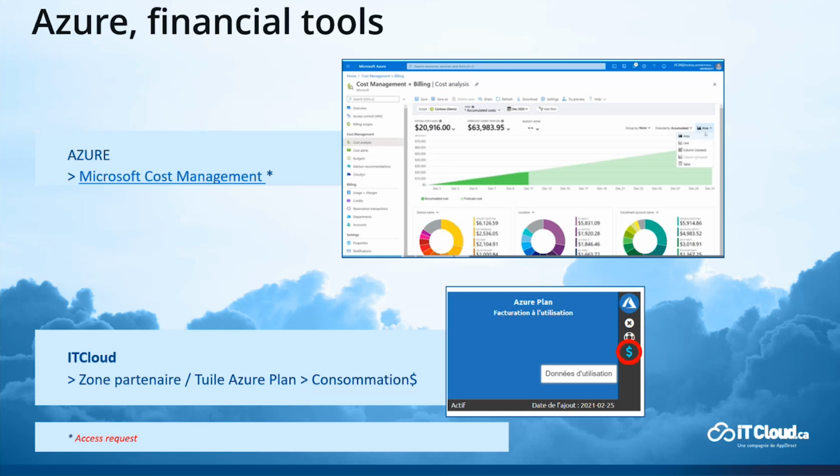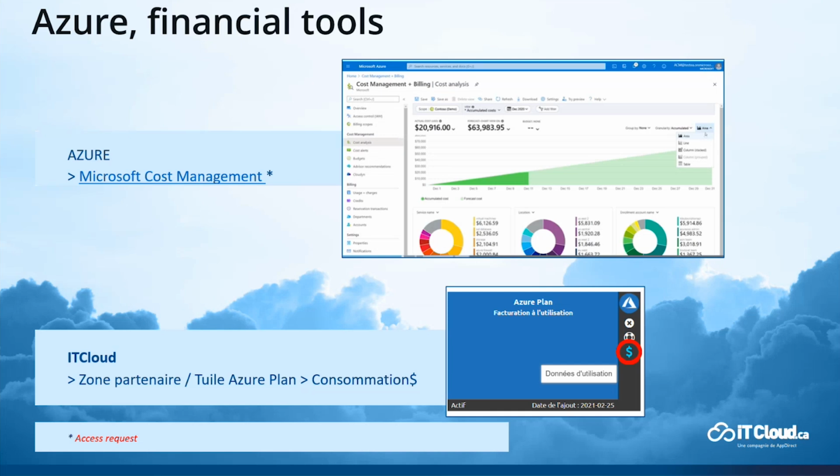From the IT Cloud Partner Portal too, the blue tile with the dollar sign gives you some information, as I said in the middle of the presentation. Remember, access to the cost management tool, reserved instances, and savings plans are on request that you must send us, by the way of your choice.